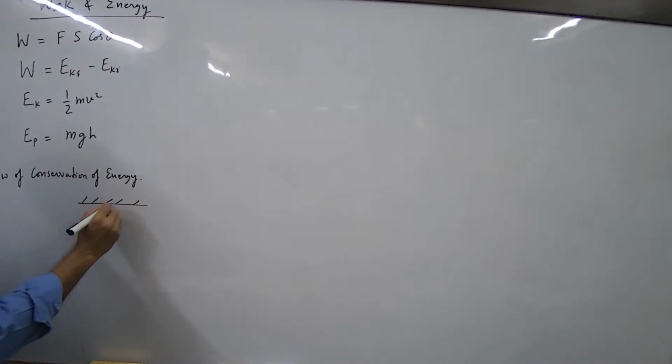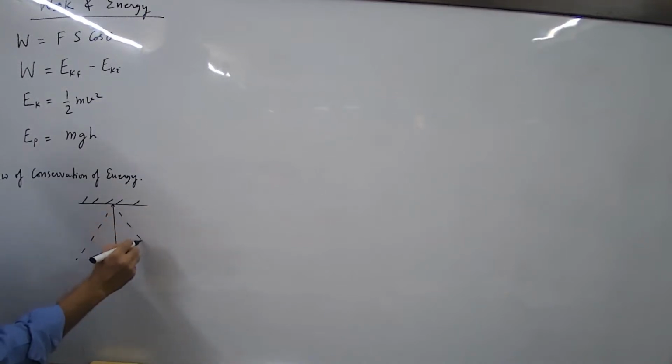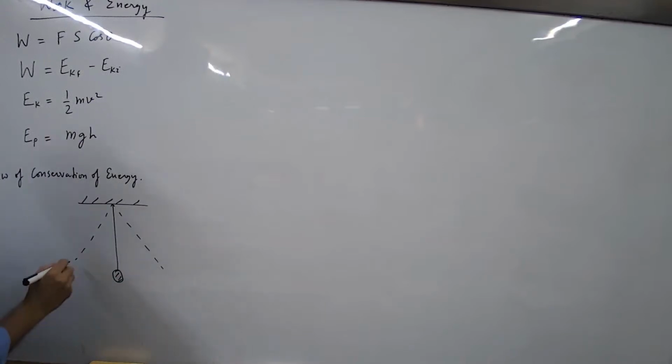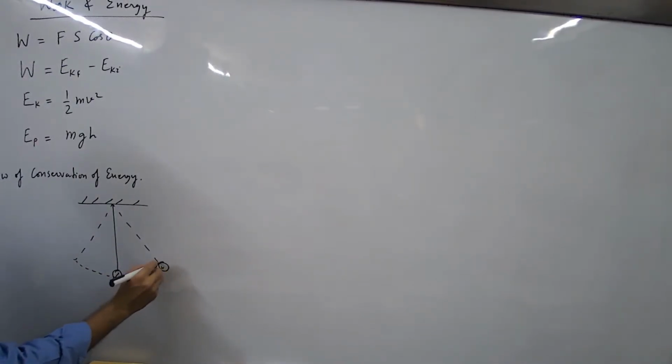Okay. So let us say we have an oscillating pendulum like this. This is the path of oscillation.